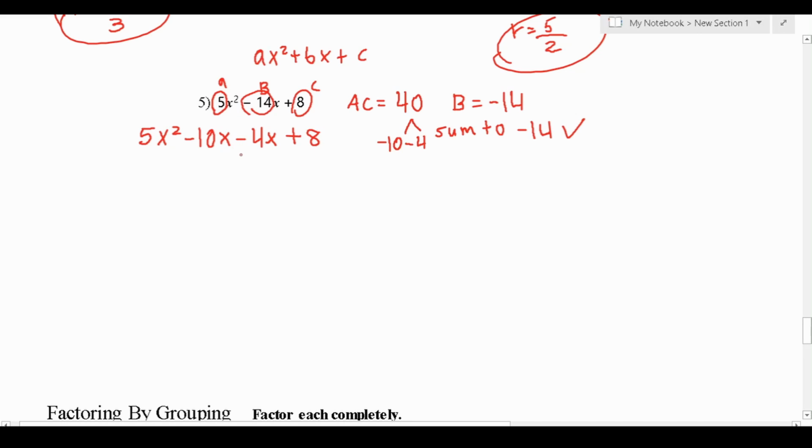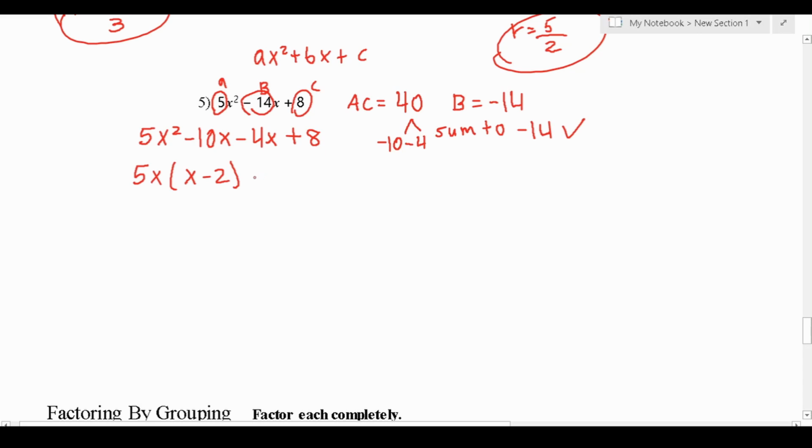And again, now we're just factoring by grouping, which means we imagine there's a line right here splitting this equation into two halves. And if we look at this first half by itself, we can see that I can factor out a common factor of 5x, which will leave me with x minus 2 here. And again, now I want to factor out a factor that's going to leave me x minus 2 in parentheses from this pair.